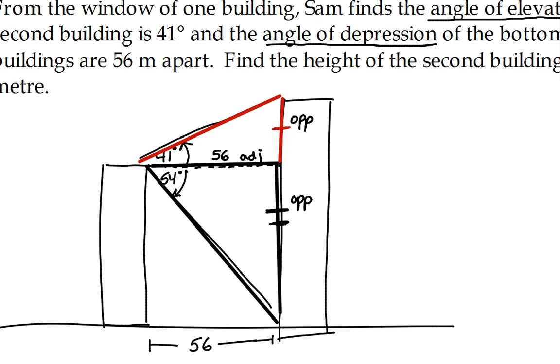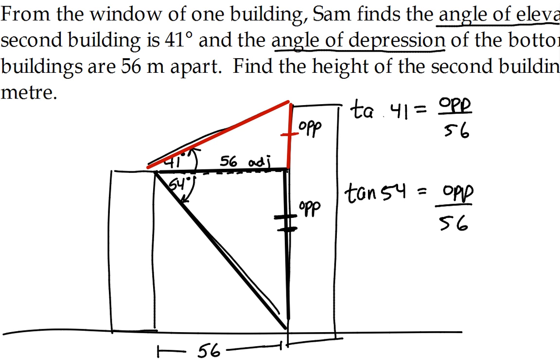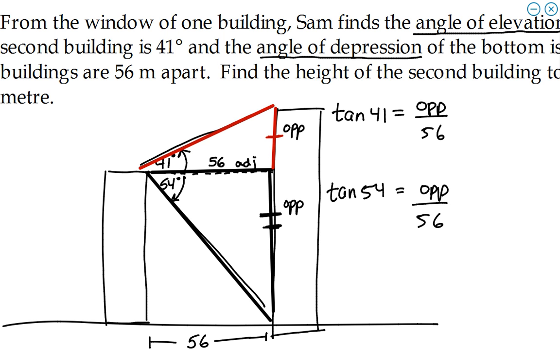So for both triangles, you have to use the same equation. Which one? Tan. Good, tan. So you got tan 41 is op over 56, and you have tan 54 is op over 56. And because those are 2 different angles, you'll get 2 different values.